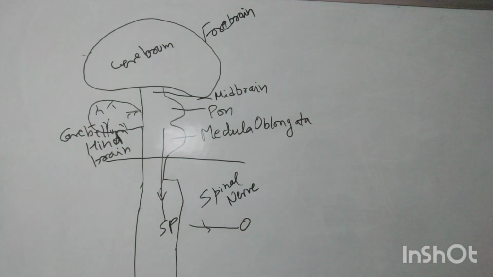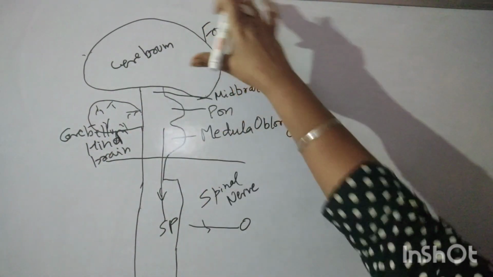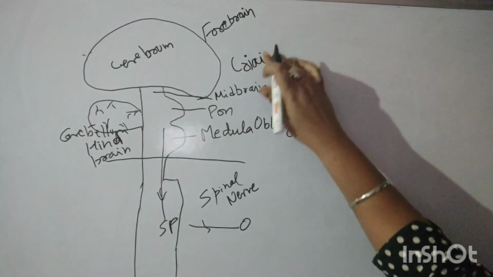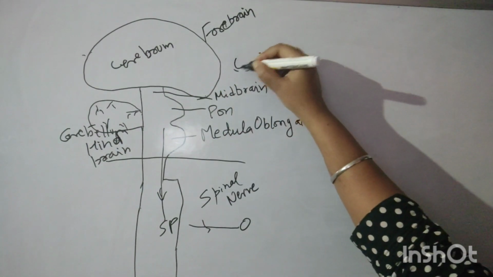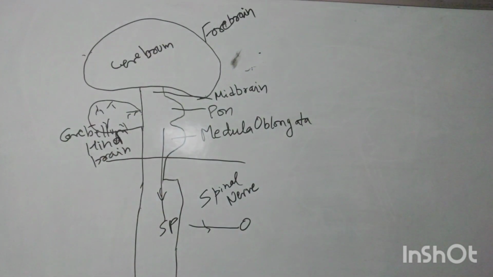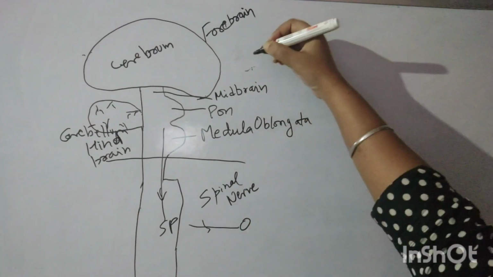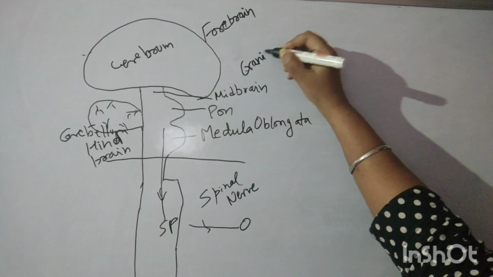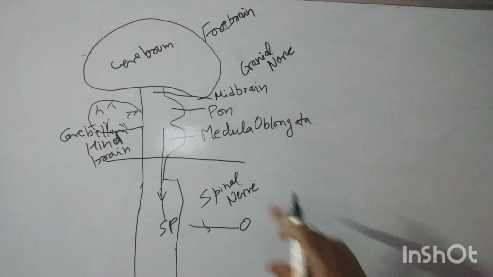So where the spine is involved, we call those nerves spinal nerves, and where only the cranium, the brain part, is involved, we call it cranial nerve. So this is the difference between cranial nerves and spinal nerves.